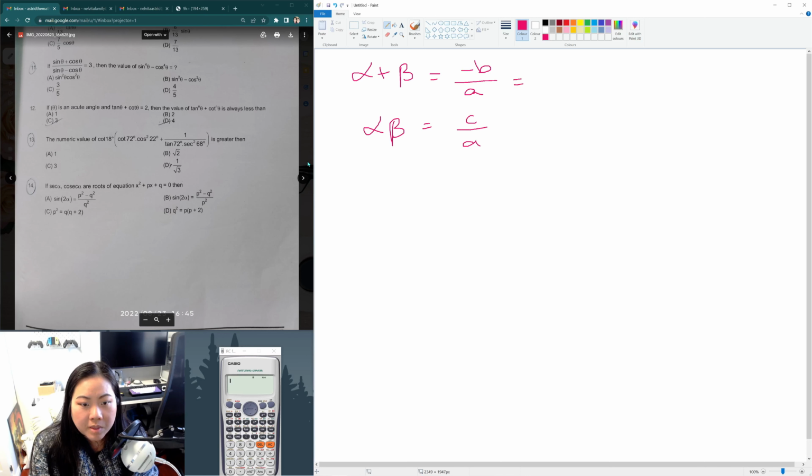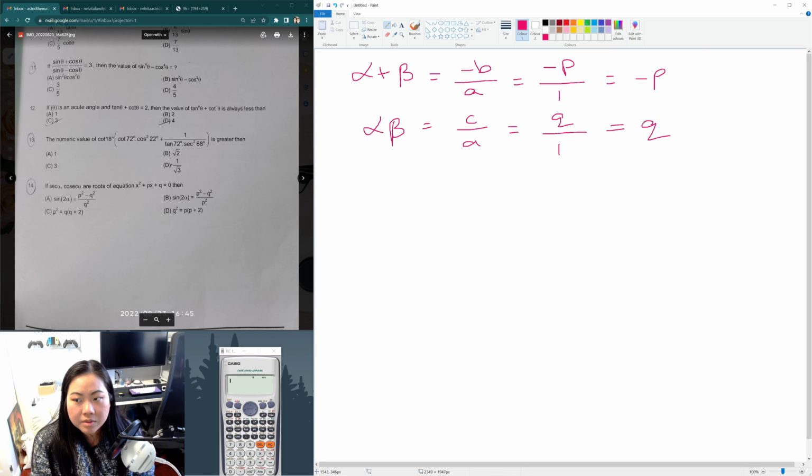Now minus b would be minus p, a is 1, and c is q on a. So the sum of the roots is negative p, and the product of the roots is q.